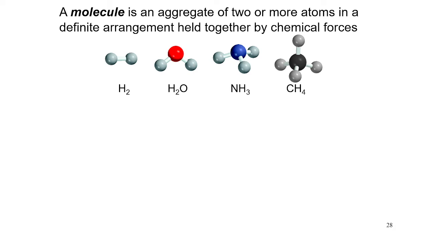Also, we have here ammonia. The ammonia, we have here a combination of one nitrogen atom and three hydrogen atoms. Also, we have here methane. Methane is a combination of one carbon atom and four hydrogen atoms.